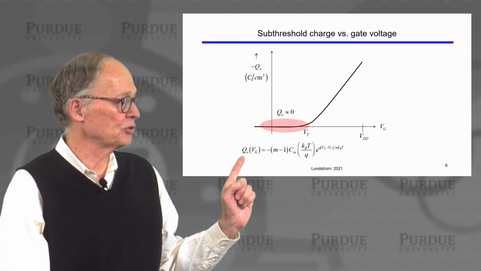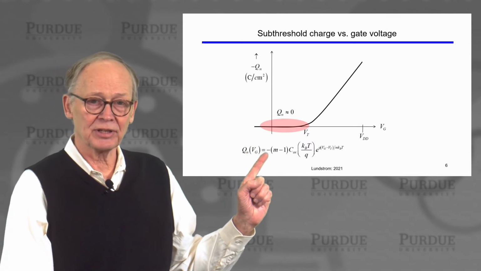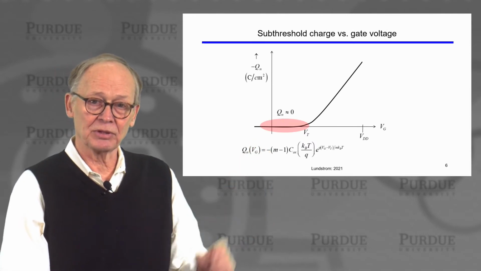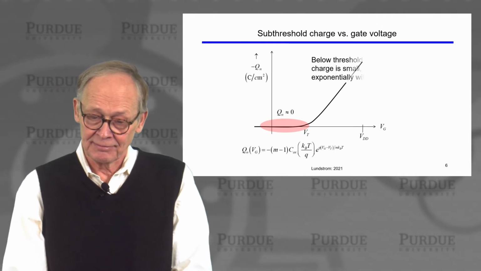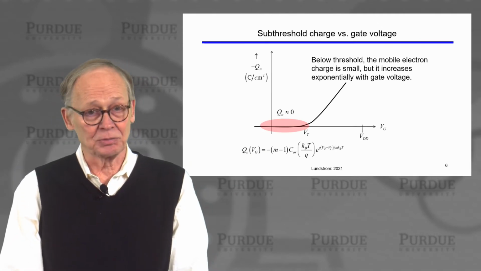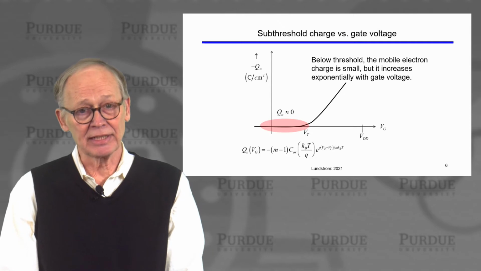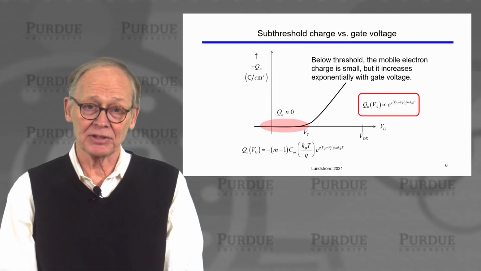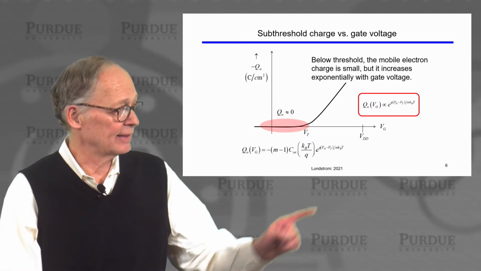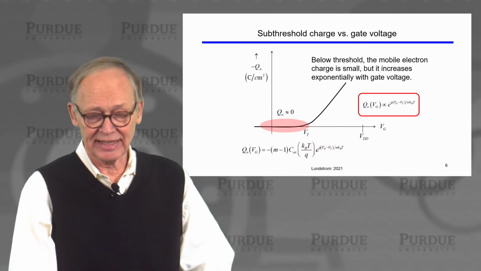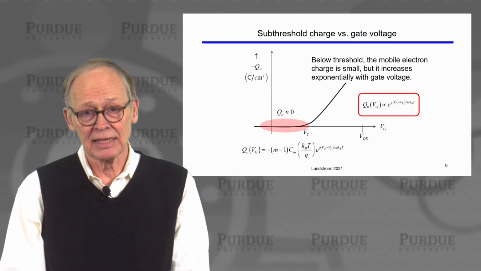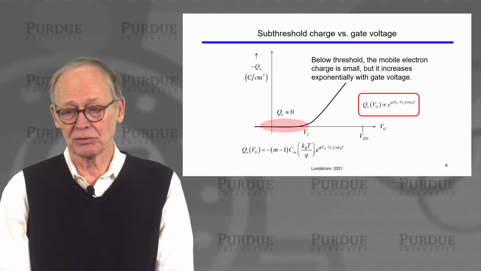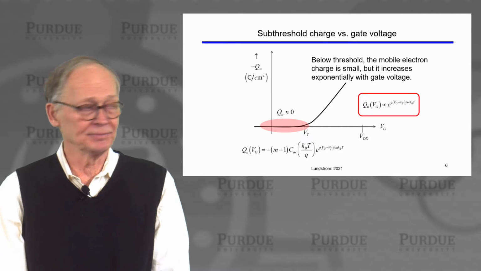This is the mobile charge per square centimeter in the semiconductor when the gate voltage is below the threshold voltage. Okay, so it's small, but it carries a leakage current that is important these days. The takeaway message from all of this now is that the mobile charge as a function of gate voltage below threshold varies as e to the minus (gate voltage minus threshold voltage) over mkT, right?